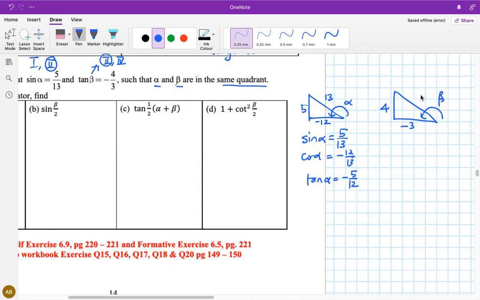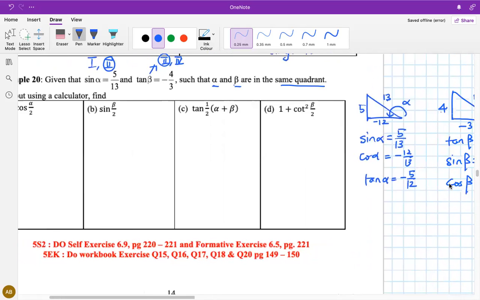This is negative 3. Here must be positive, right? So tangent beta is negative 4 over 3. So sine beta, of course, is 4 over 5, positive. Then cos beta is negative 3 over 5.